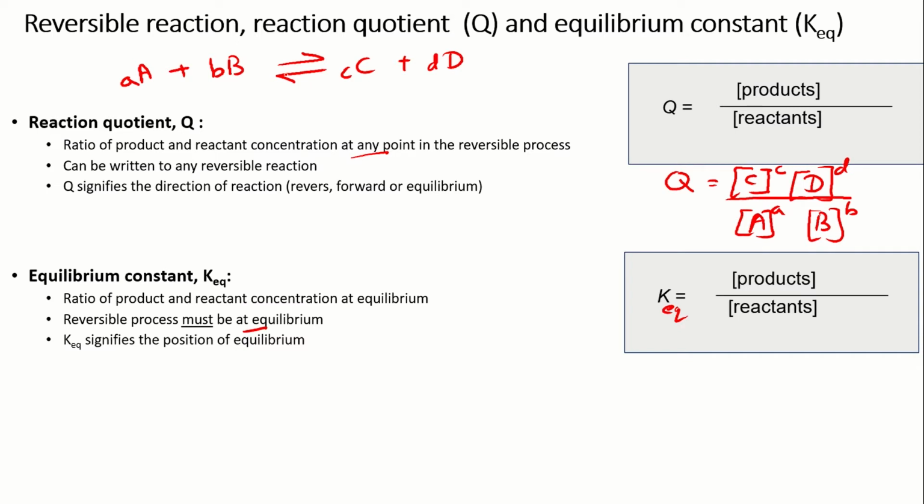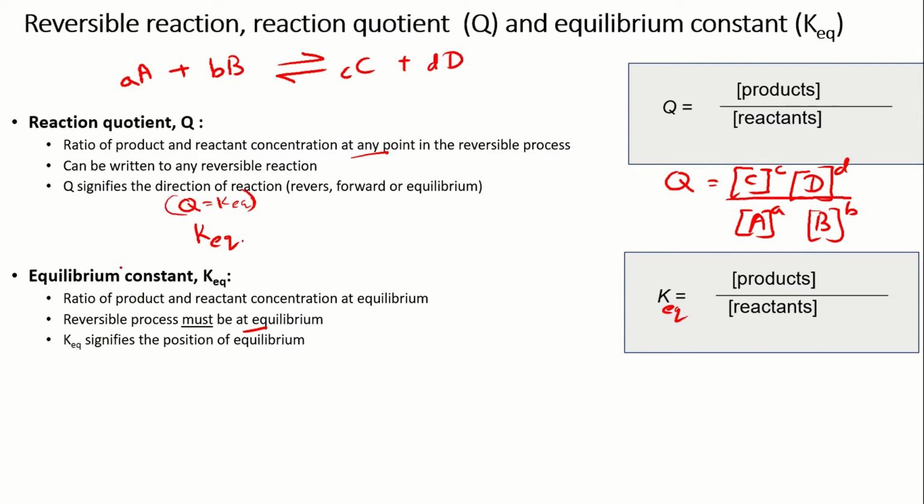Why? The moment these reaction rates become equal, the system comes to equilibrium. At the equilibrium position, if you write this expression, it automatically becomes KEQ. So at the equilibrium position, Q is the same as KEQ.